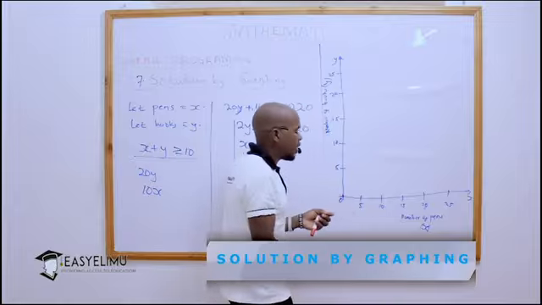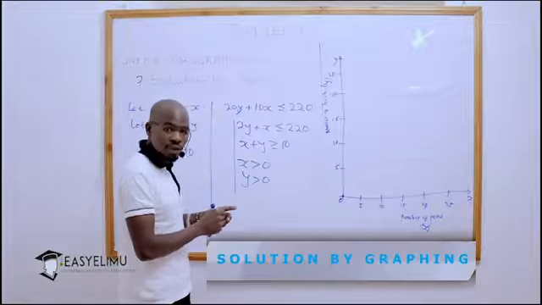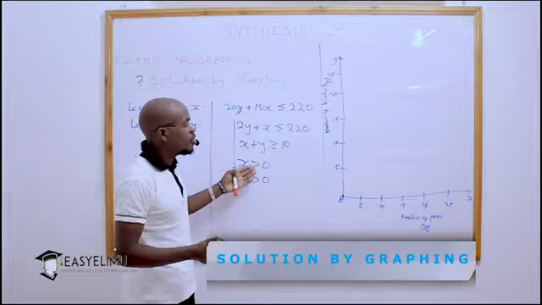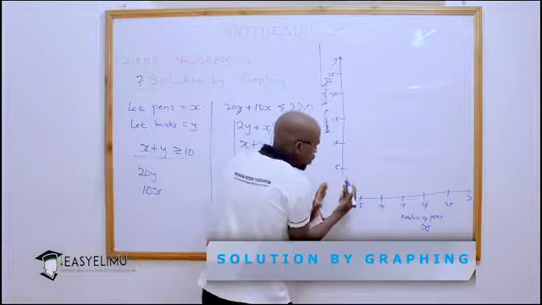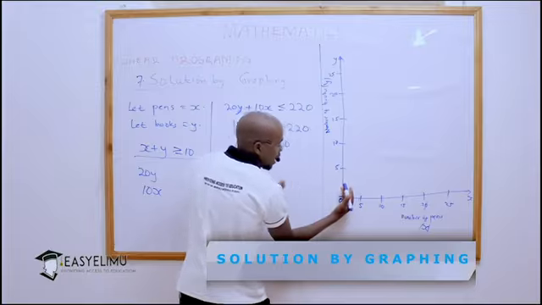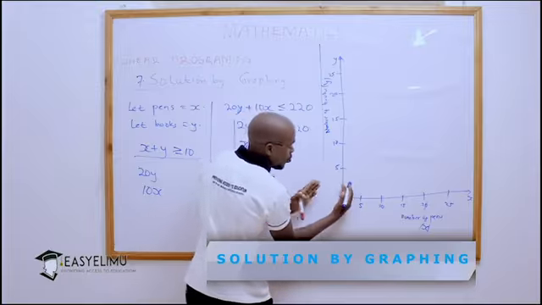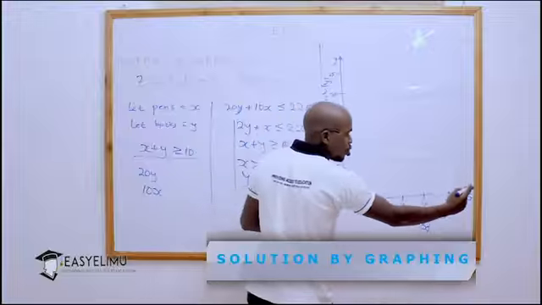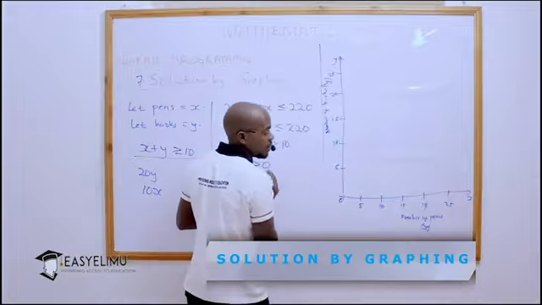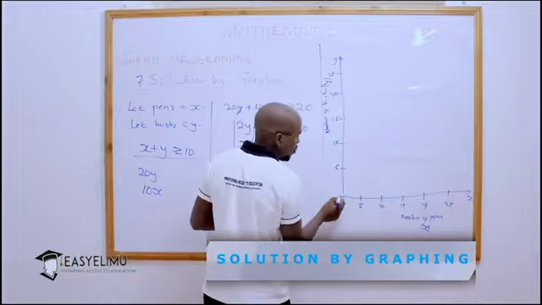If x is greater than 0, this implies that the values we will get should not be the negative values of 0. You should go from 0 to positive values, not the negative ones. So the other side will be shaded.